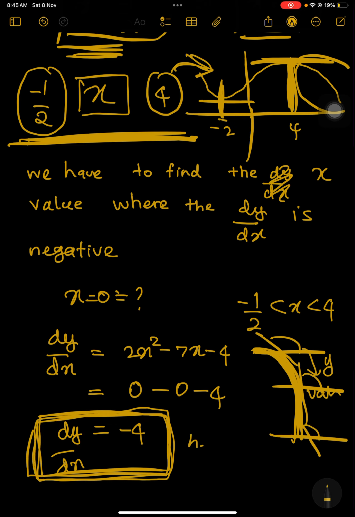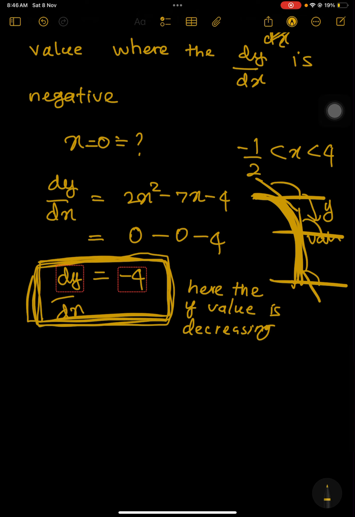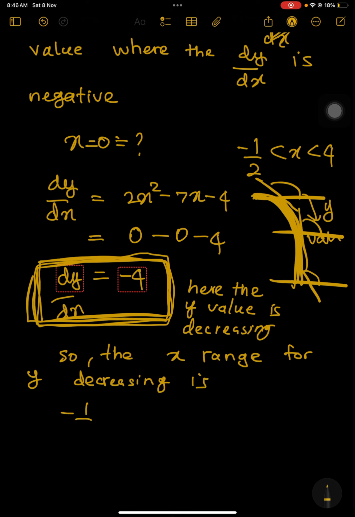So here the y value is decreasing. So the answer is, the x range for y decreasing is in between minus half and 4.